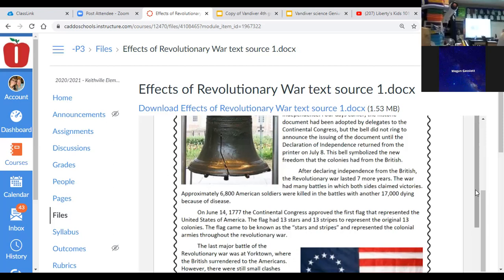The Revolutionary War. That is what gave America its freedom. The seven-year Revolutionary War. It killed soldiers, and disease also killed soldiers. Did they start collecting land in the war? Not collecting land, it was fighting for the country's freedom from Britain.